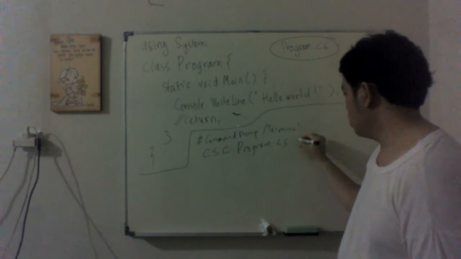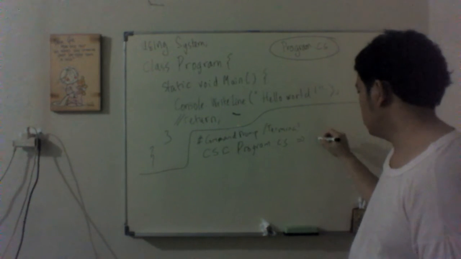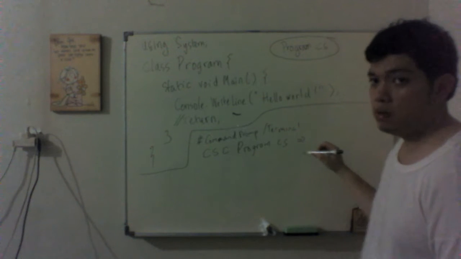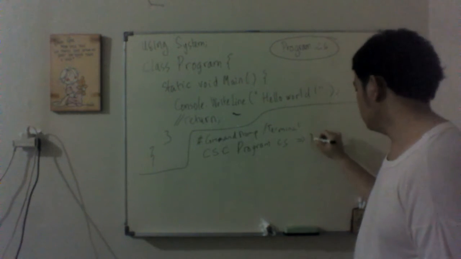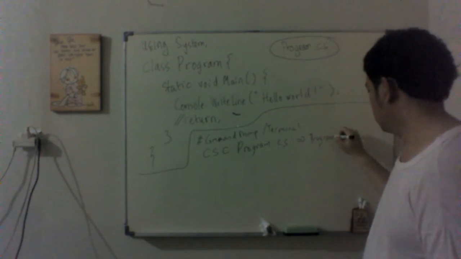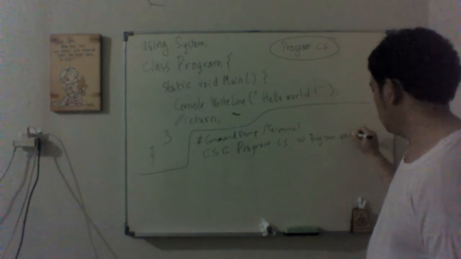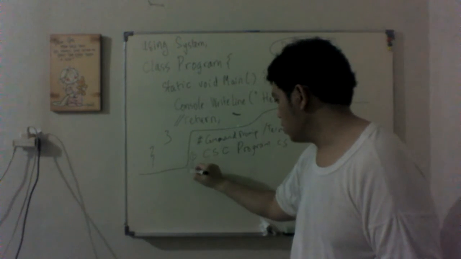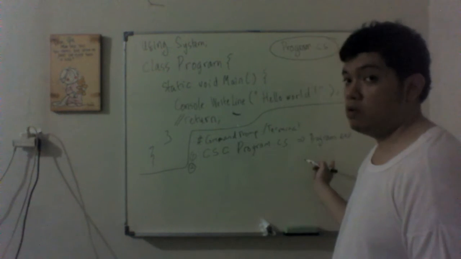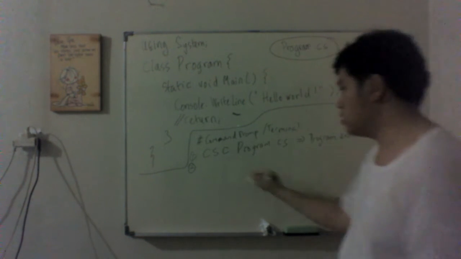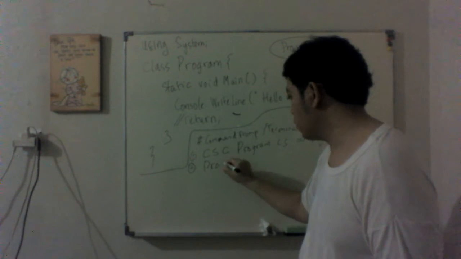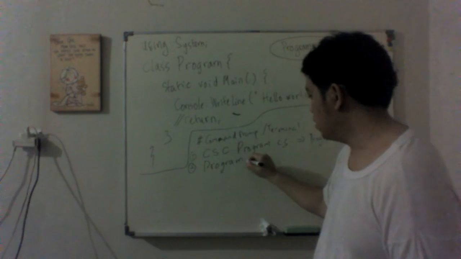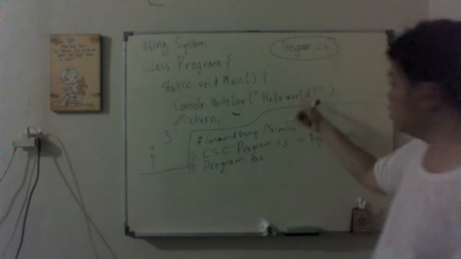Then you will see as the output an executable, .exe. That is the first step. The second step is to run the executable produced, which is program.exe. Just type program or program.exe, and then you will see hello world.